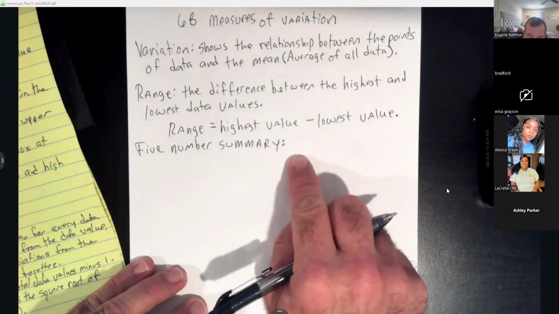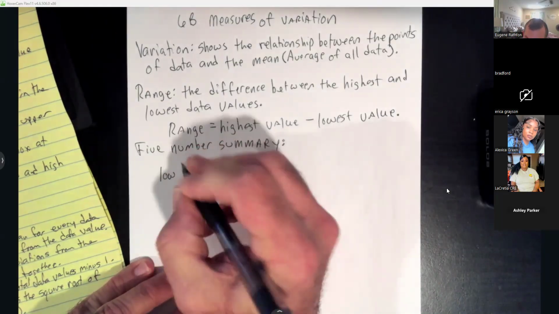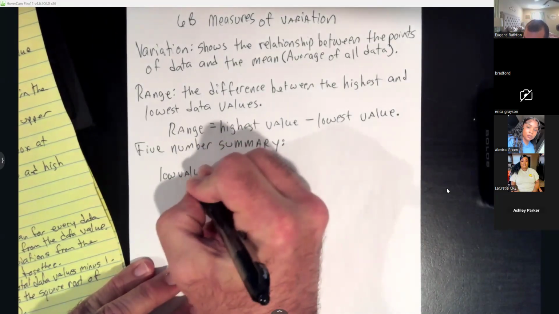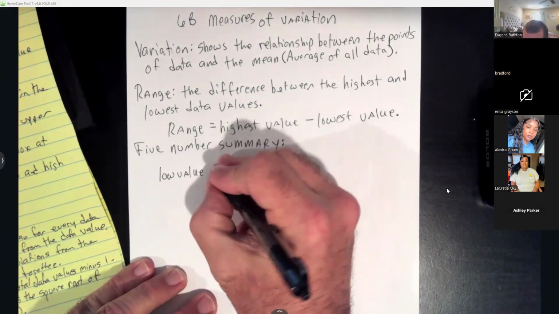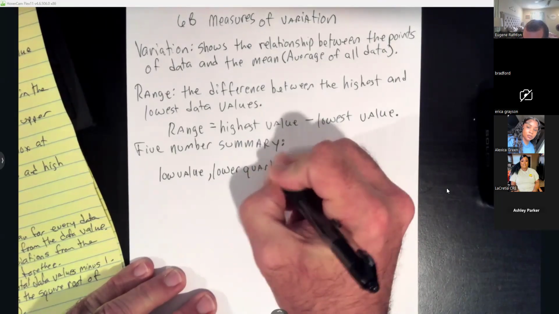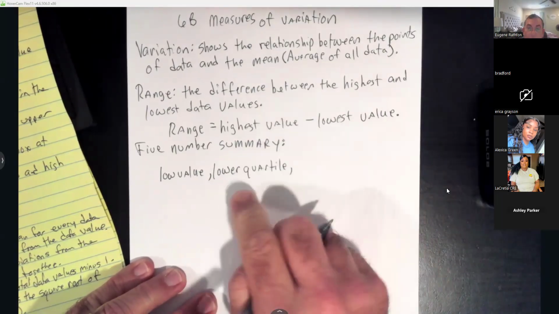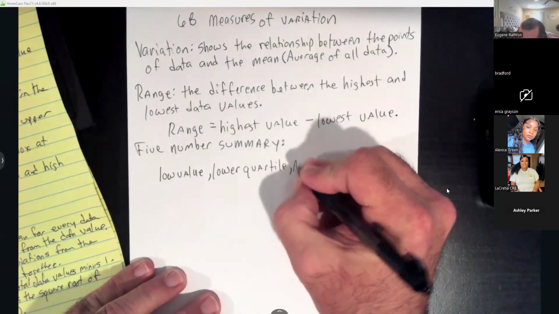So for the 5-number summary, first we'll have our low value, our lower quartile, and y'all, I'll give you how to find the lower quartile, our median.